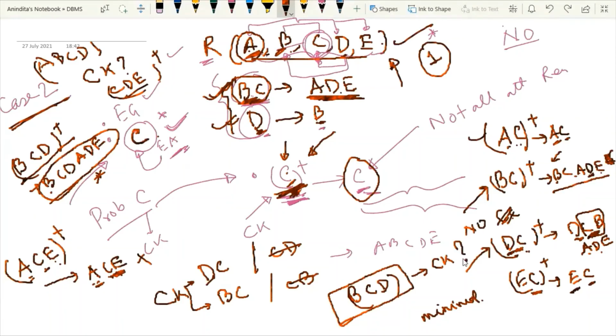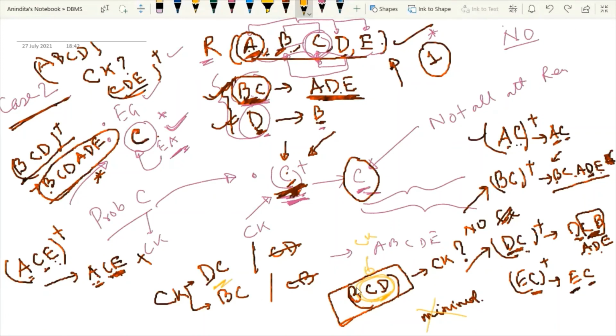Then you will definitely ask me why it is not a candidate key, because it is satisfying all of the properties. See, here is the difference. If you find any situation like this where a subset of this key, CD, itself is a candidate key, then it is not a minimal set. From BCD, if you take only CD, then it is a candidate key, right?